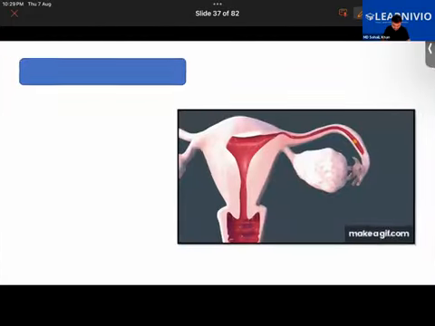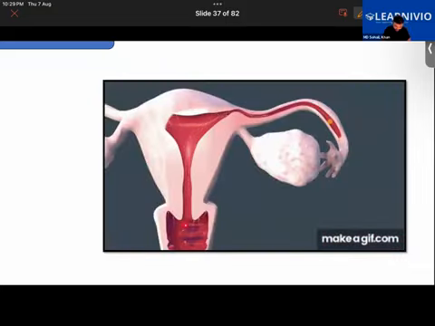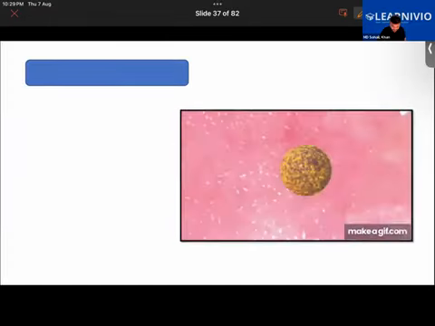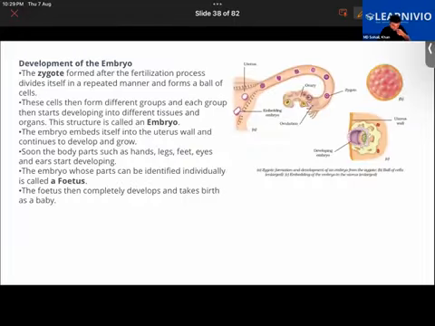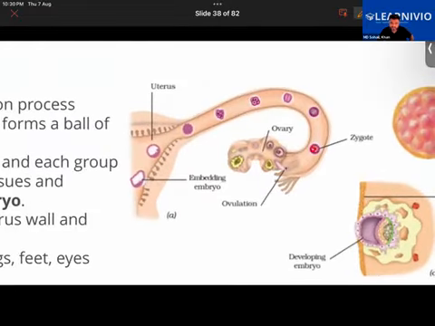Also in this animation, you can look here how the sperm cells are moving, and here you have the ovum. Later on, we'll be learning about a few other things also. Right now, you can clearly see that the zygote is a single-cell structure.